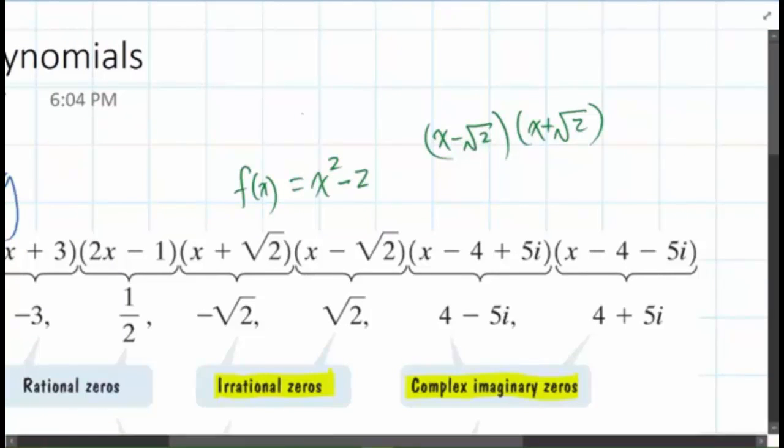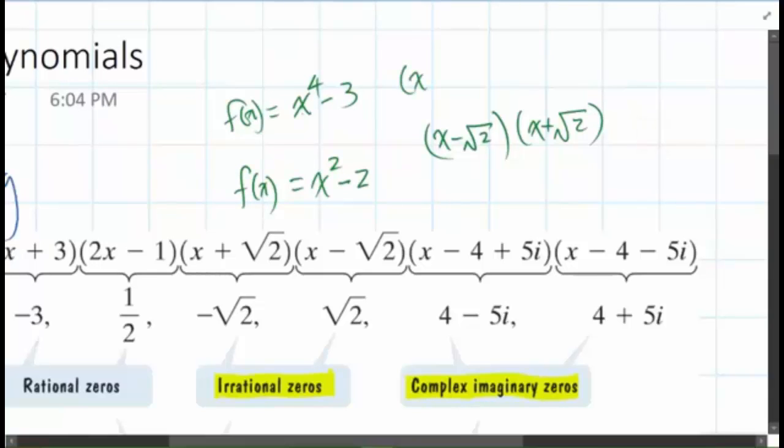Let me give you another example. It works the same way if I were to have x to the 4th minus 3 equals f of x. So what would this be?